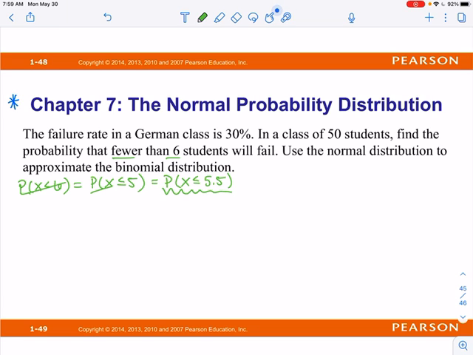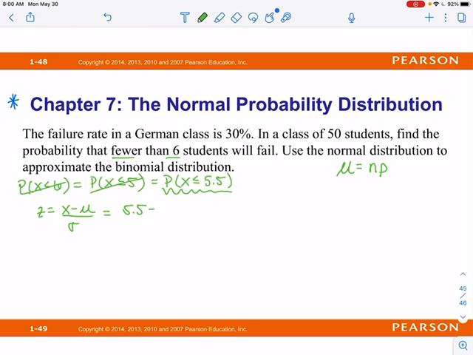So now we're done with those two, and again we need a z-score. We do x minus the mean divided by the standard deviation, where 5.5 is our x. We have to find our mean by doing n times p.